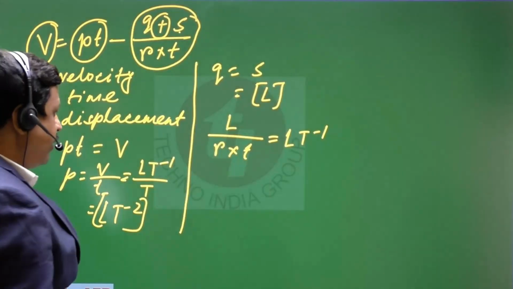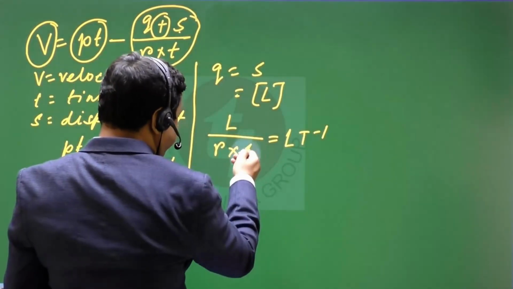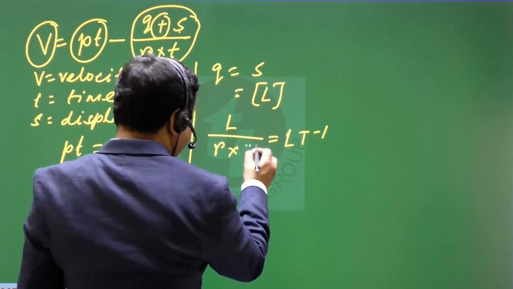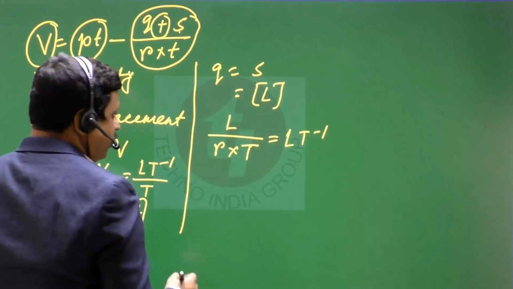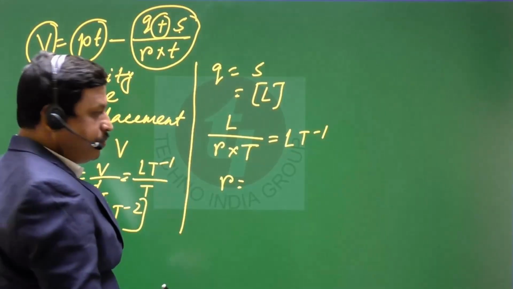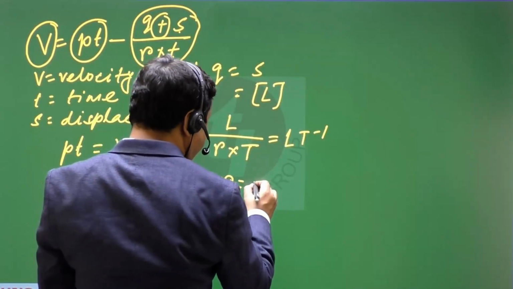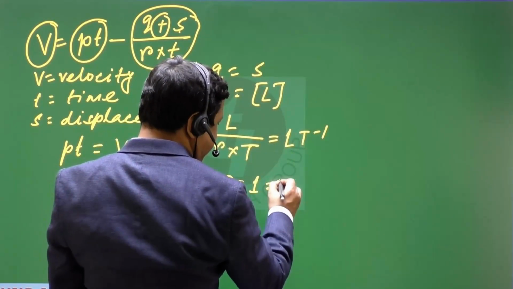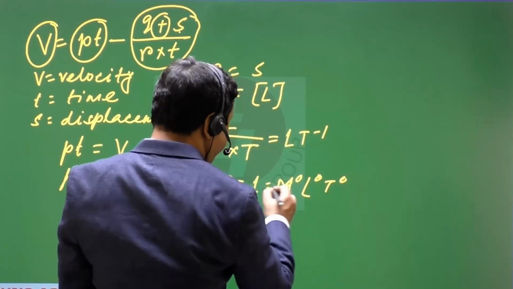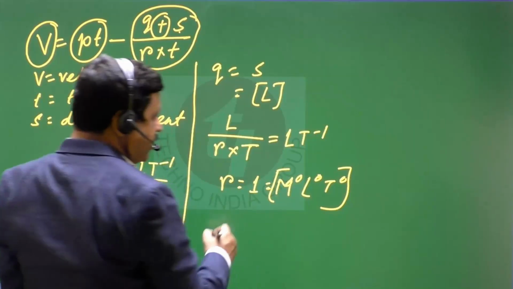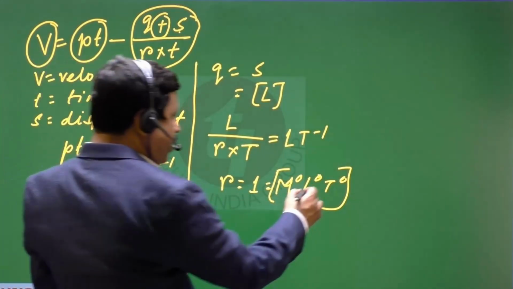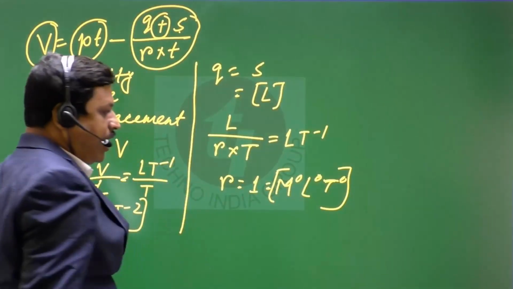This T will be capital T, right? So R will be L T to the power minus 1 by L T to the power minus 1, that is 1, right? 1 means dimensionless, that is M to the power 0, L to the power 0, T to the power 0. That is the dimension of R.